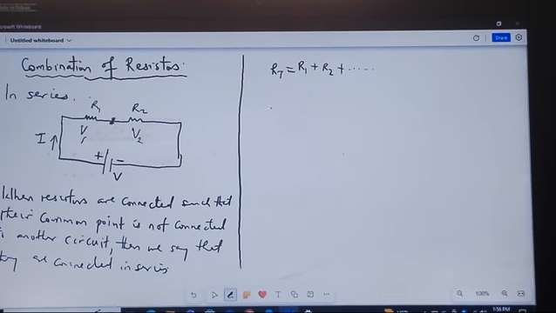Then let us look at resistors in parallel.